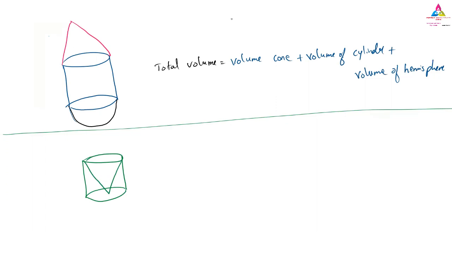So here there is a cylinder, in that the volume of the cone is taken out, meaning the above one is open, it is hollow, and only this much part you can feel. So there is a hollow in between. Will you answer what the formula for the total volume of that solid is going to be?